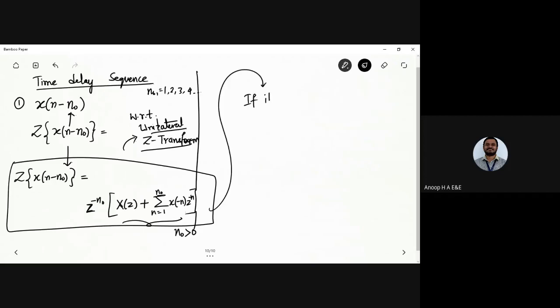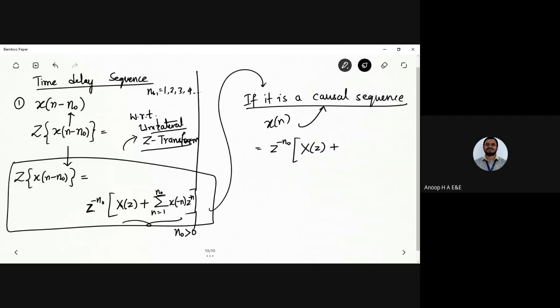If it is a causal sequence, how can you realize x of n being a causal sequence? You take this term, Z power minus n naught, X of Z plus sigma n equals 1 to n naught x of minus n Z power minus n.